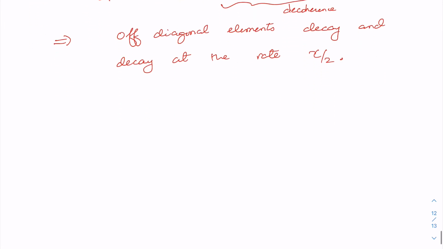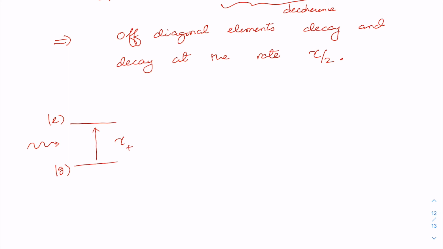Now let us consider the case where there is some thermal excitation. Earlier, the example that I gave was for spontaneous decay. What happens if there is some thermal excitation? Suppose the atom is excited from the ground state to the excited state, and the excitation rate is, say, gamma plus.